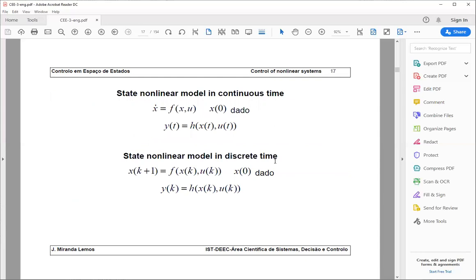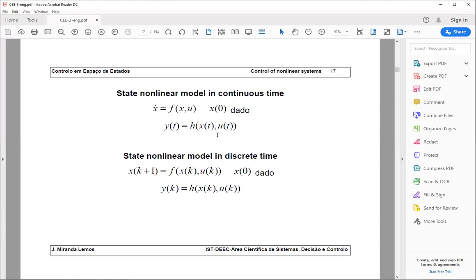So what is the big message up to now? The big message is that you can describe many widely different systems in this form. So you have a dynamic equation, x dot equal to f of x and u, with some initial conditions given.